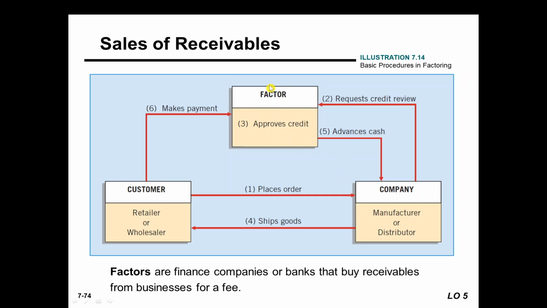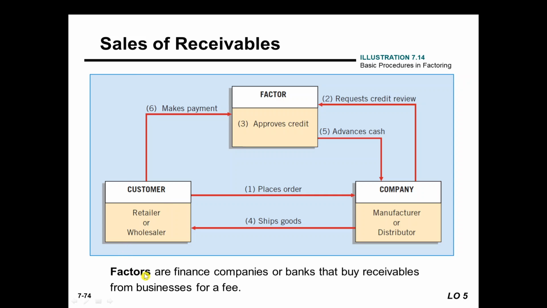It is what happens in our credit card transaction. We as the customer shop at the company, but the company does not collect money from us. We pay it to the factor, to the bank, while the bank pays the company. So it is the flow of factoring.